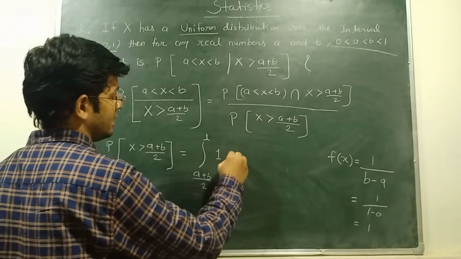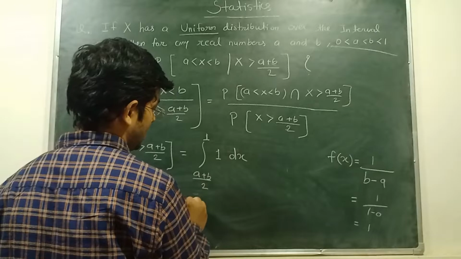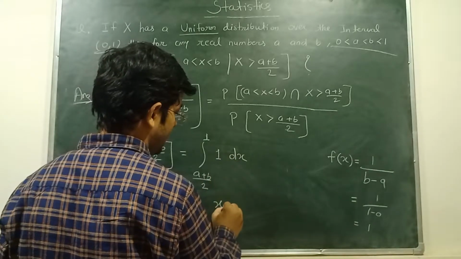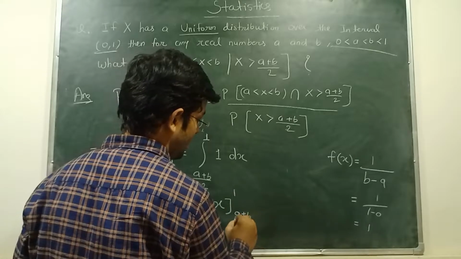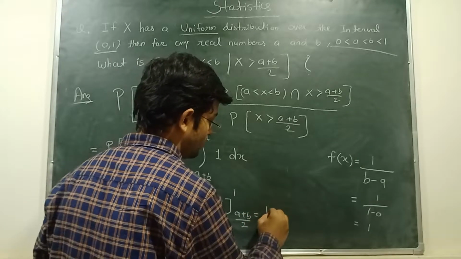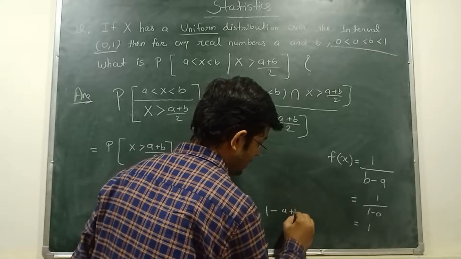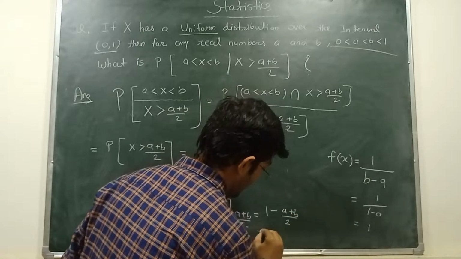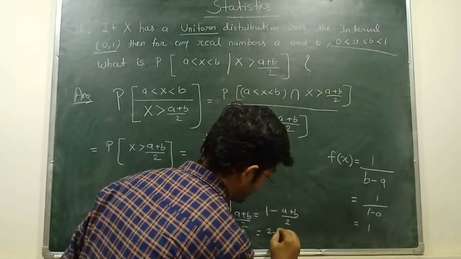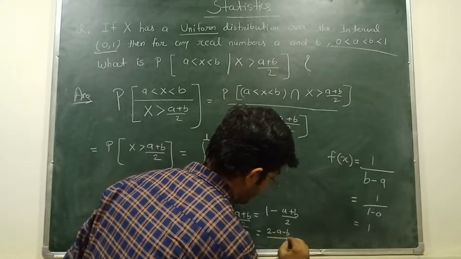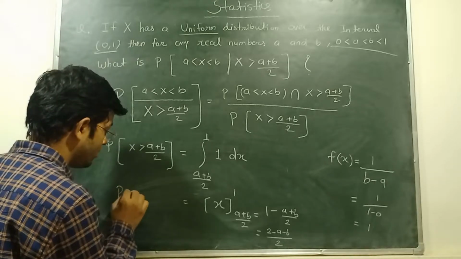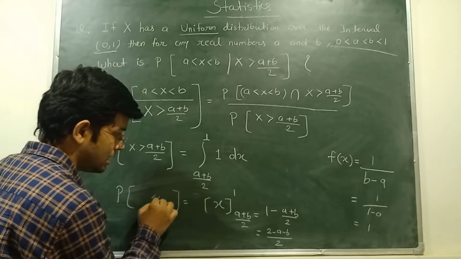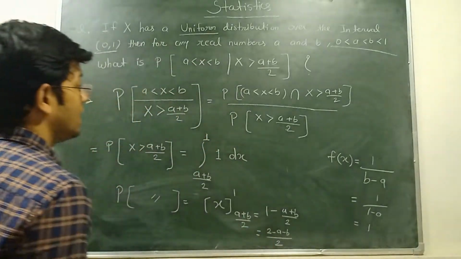So the integral of 1 dx gives x, evaluated from (a plus b) divided by 2 to 1, which is 1 minus (a plus b) divided by 2, that is (2 minus a minus b) divided by 2. So the probability of this is this.